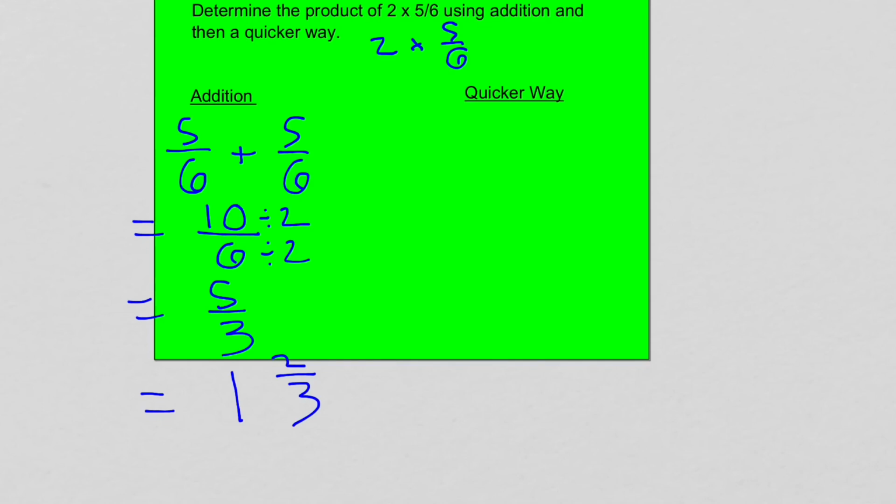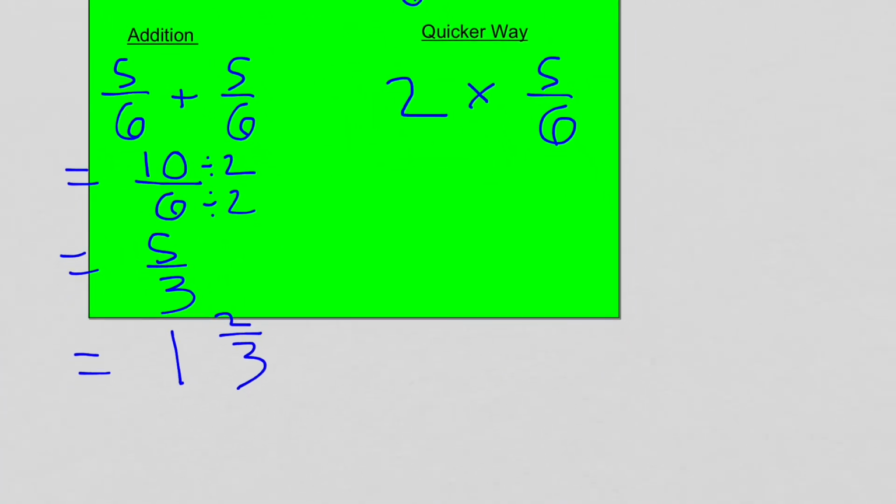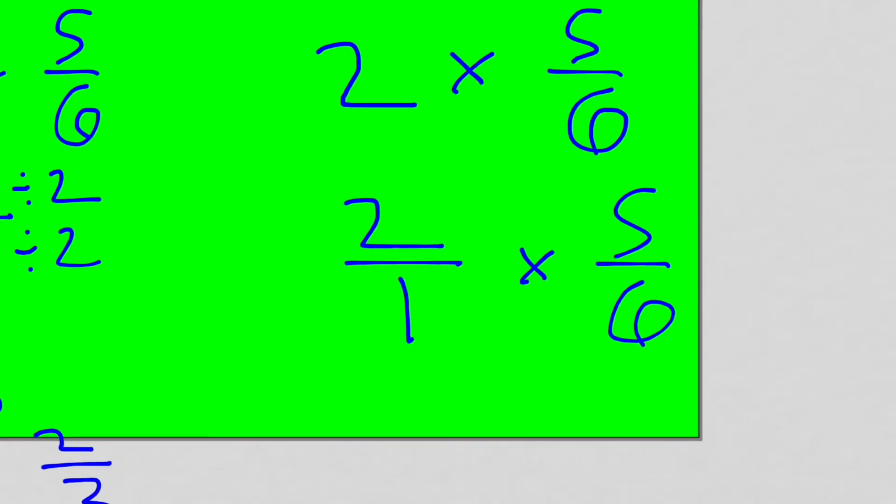Now, a quicker way to do this is to do this. 2 times 5/6. But this 2 can also be written as an improper fraction. We could write this as 2/1 times 5/6. Now, 2/1 is the same as 2, right? 2 divided by 1 equals 2.